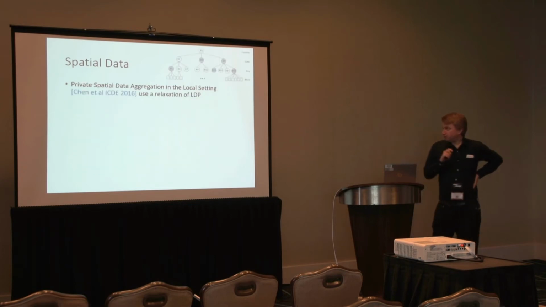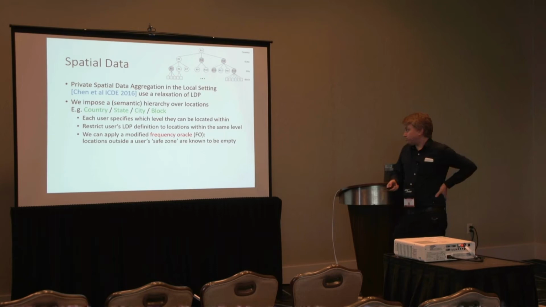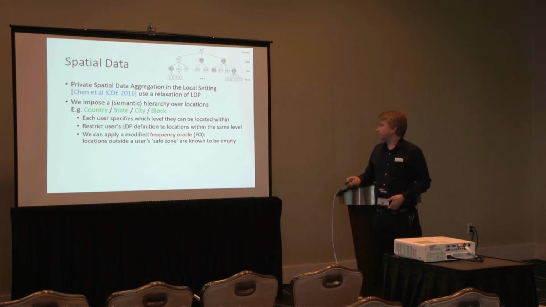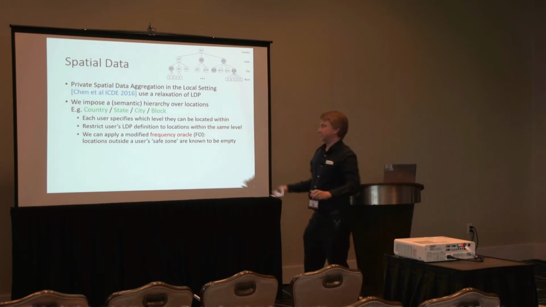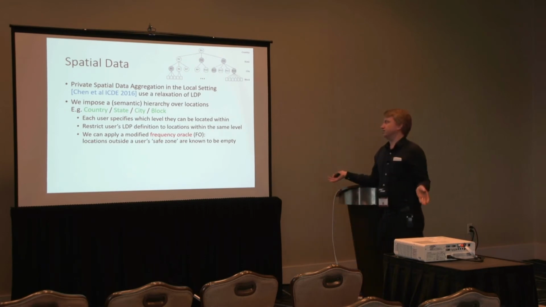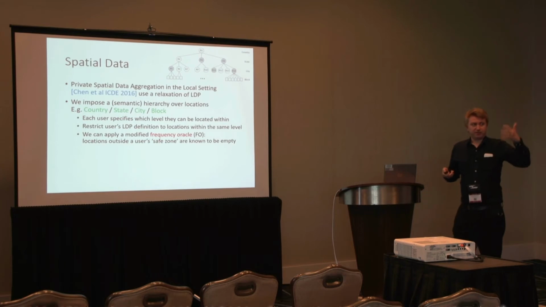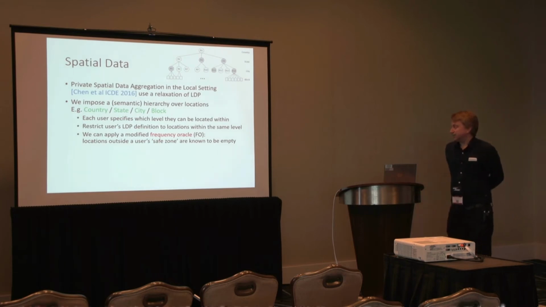So a paper from a couple of years ago suggested a relaxation of the differential privacy model that, to a rough approximation, says you think of imposing some kind of hierarchy over locations, maybe a semantic one that says countries are divided into states, states have cities within them, cities are divided into some subunit, and each user might specify within this hierarchy what level they're comfortable with being represented at.